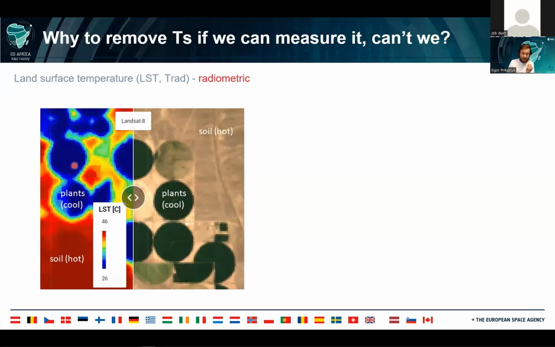But the irrigated part is only 26 degrees. How does it happen? Why does it happen? It happens because of evaporation. Evaporation takes the energy that would otherwise warm up the soil, destroys hydrogen bonds that I've talked about, and the molecules leave. But with all this, it creates a cooler environment. But this is the temperature that we measure not with a thermometer, but with a radiometer, with remote sensing.